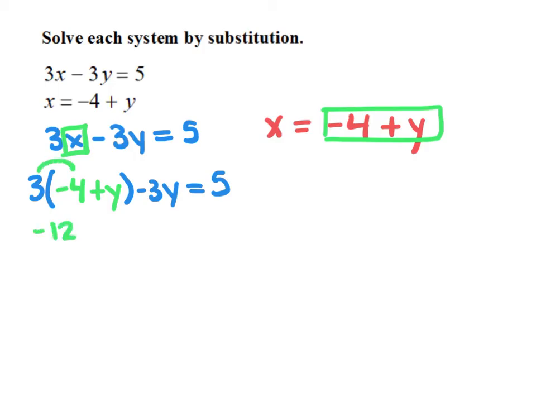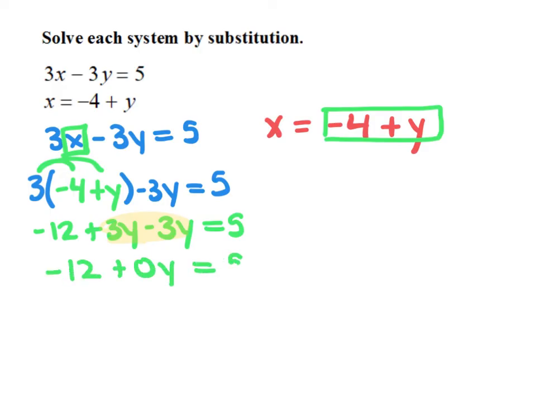Now, if I were to solve this, I would first distribute. So I get negative 12 plus 3y minus 3y equals 5. Now I can combine like terms on the left side. So I have 3y minus 3y, and they cancel out. So it becomes negative 12 plus 0y equals 5.